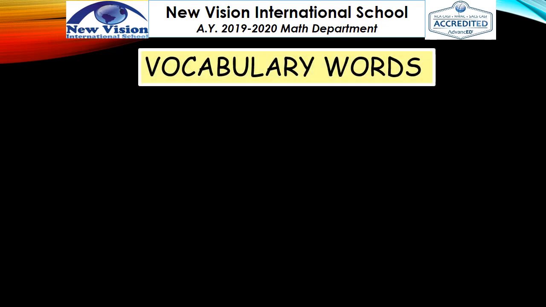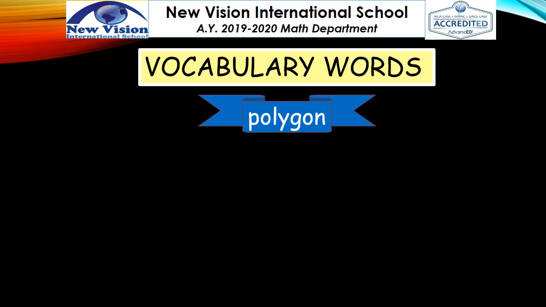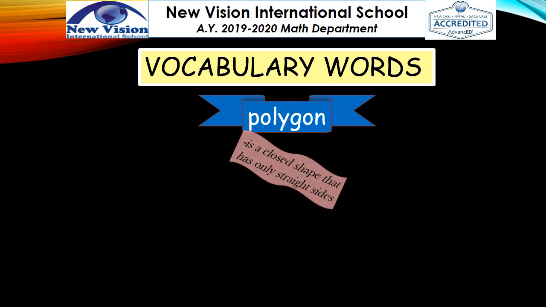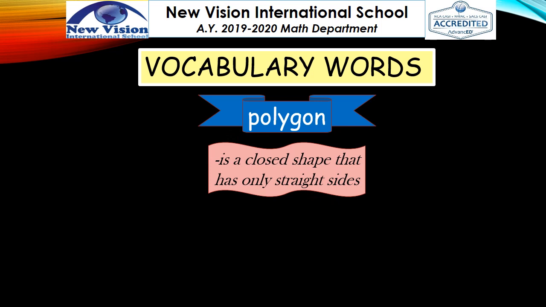Okay, so we are going to have the vocabulary words for this lesson. We have polygon. Repeat after me. Polygon. Good. Alright, a polygon is a closed shape. Remember, it's a shape that has only straight sides. Once again, it's a closed shape.